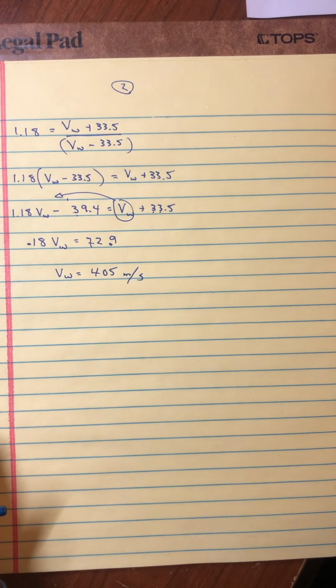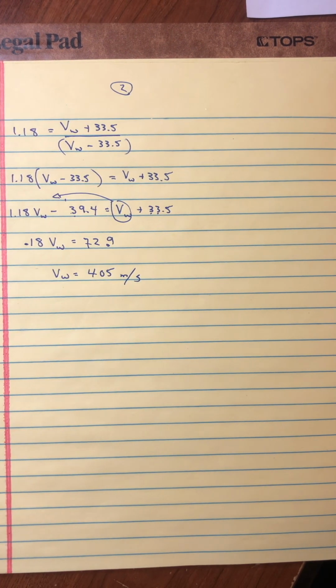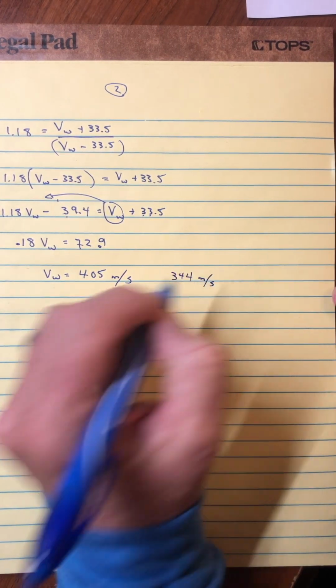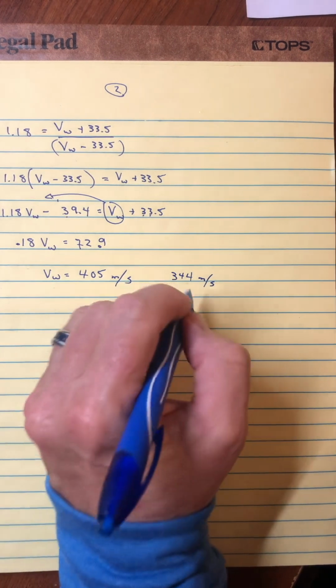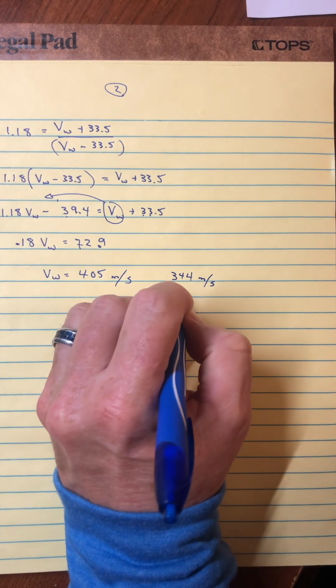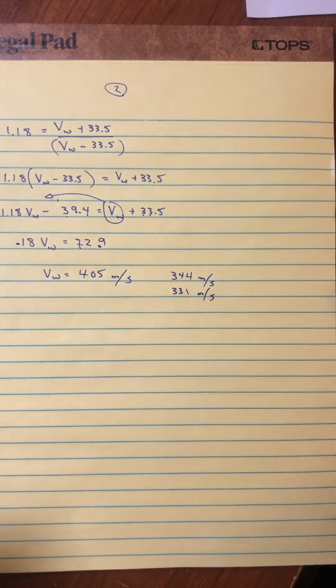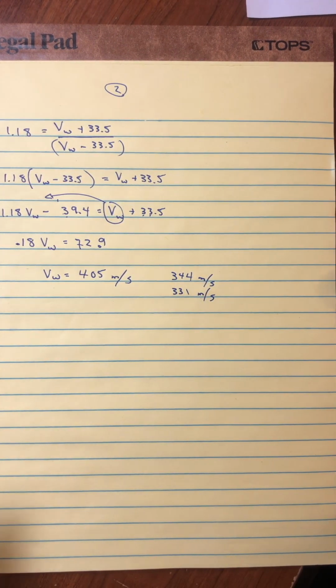Wow. Which, by the way, is a pretty fast speed, because we said that at room temperature, it's 344, and at 0 degrees Celsius, it's 331.